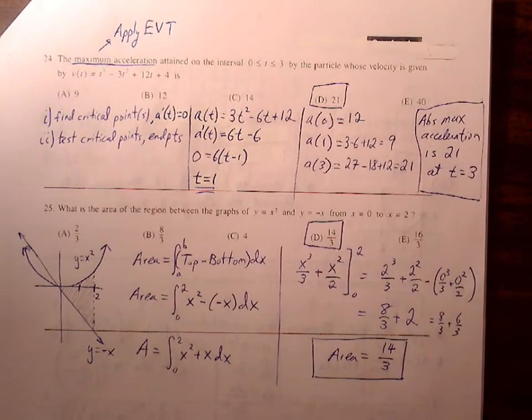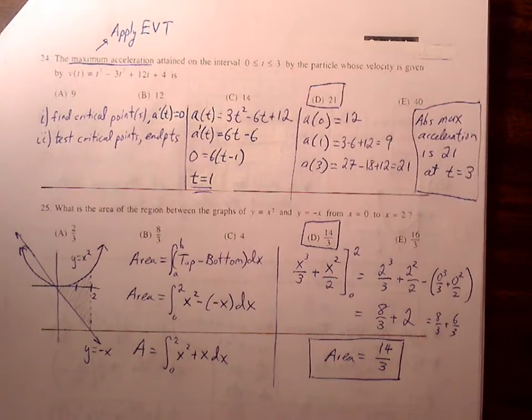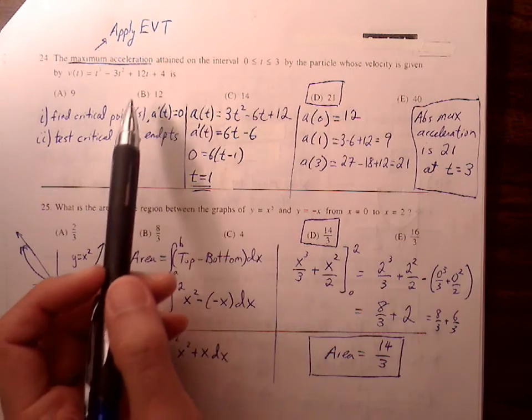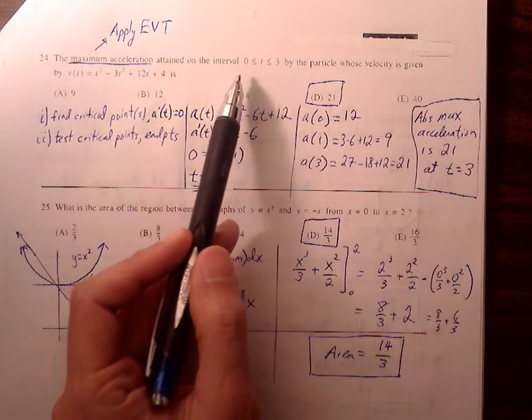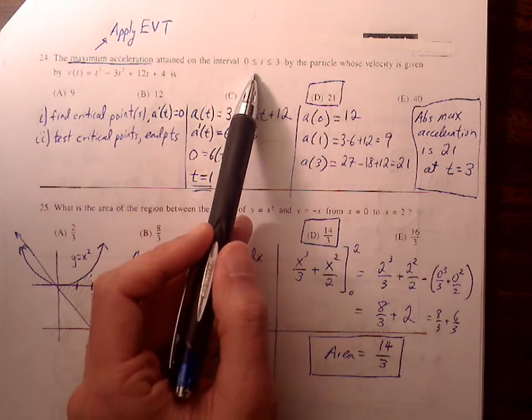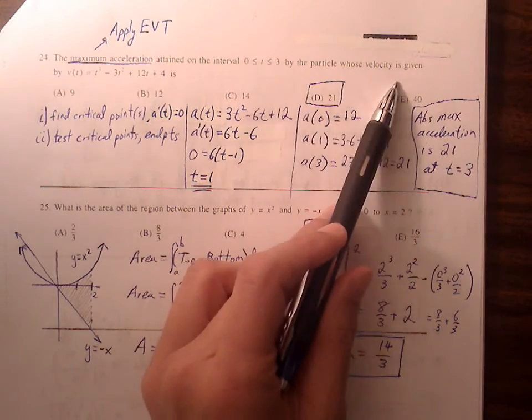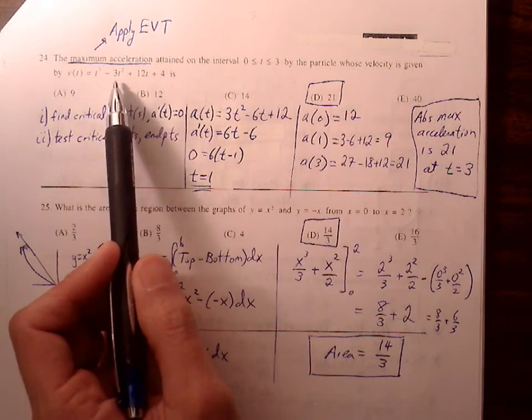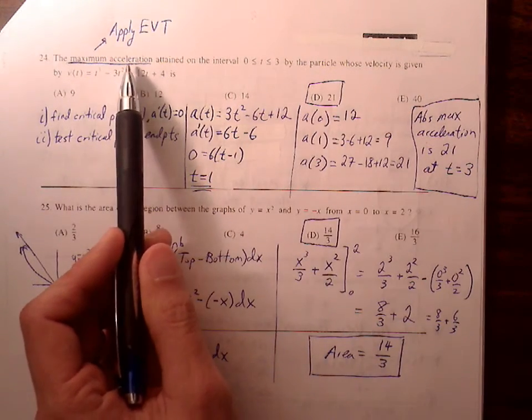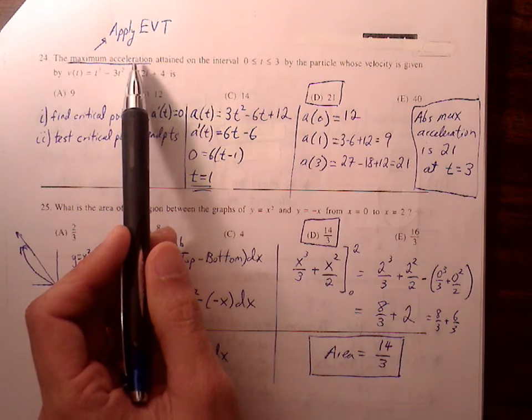Okay, 24. The maximum acceleration attained on the interval from 0 to 3 by the particle whose velocity is given as v of t. So maximum acceleration we can find by setting a prime equal to 0 and testing endpoints.